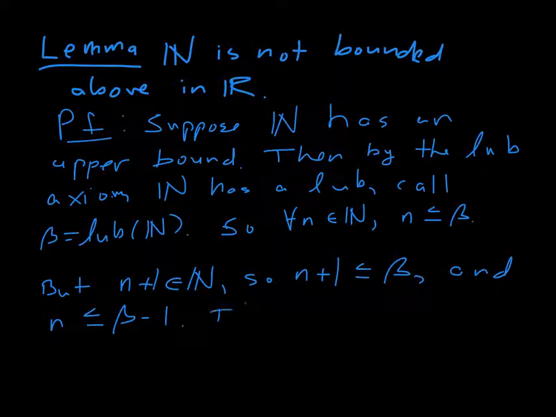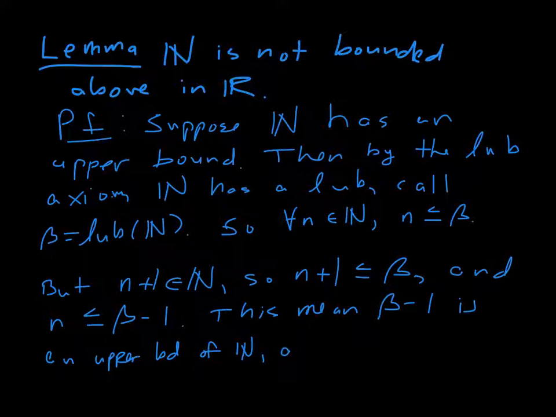But this means beta minus 1 is an upper bound of the natural numbers, and beta minus 1 is less than beta.